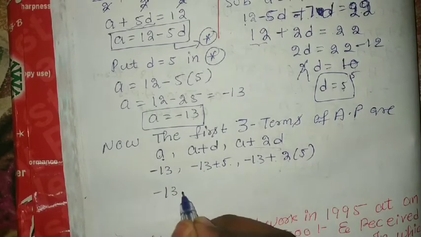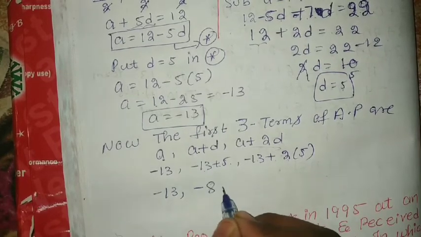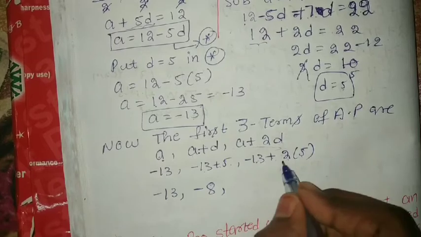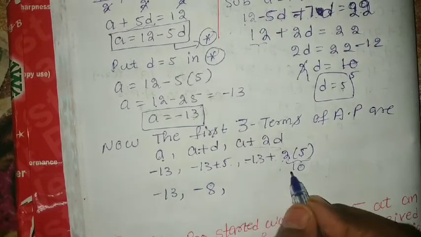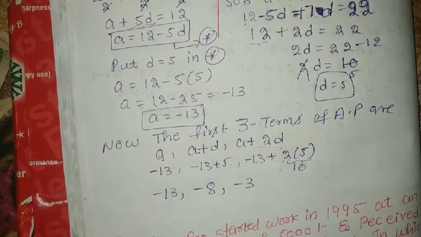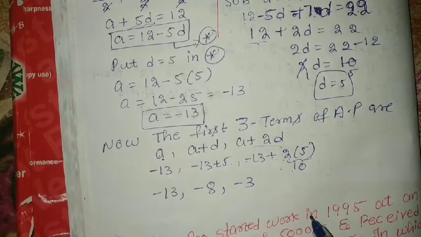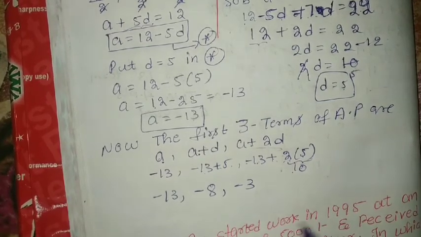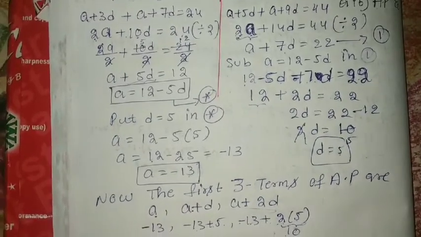So minus 13, comma, minus 13 plus 5 will become minus 8, comma, minus 13 plus 2 fives, that is 10, so minus 13 plus 10 will become minus 3. Okay, these are the first 3 terms of the arithmetic progression. Understand? Please pause the video to note down.